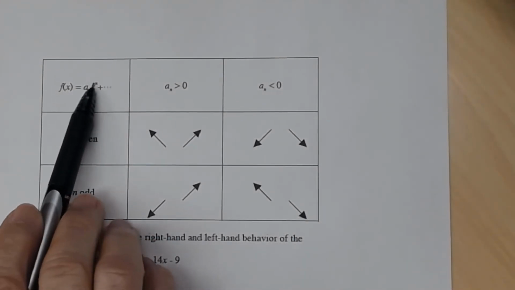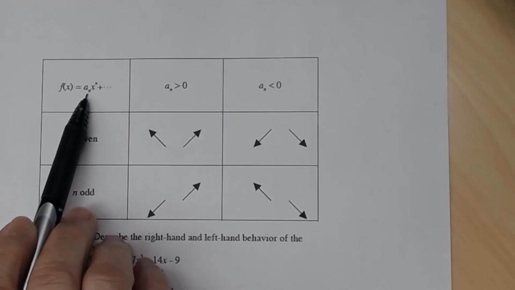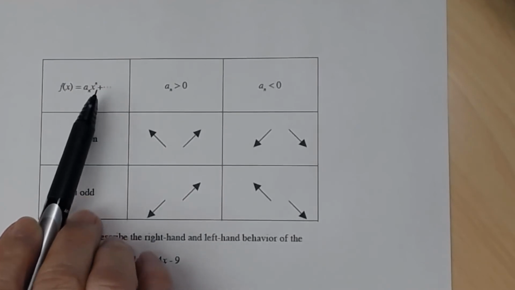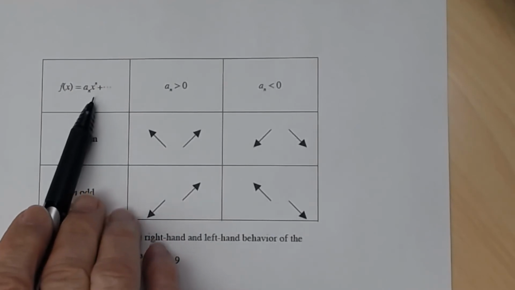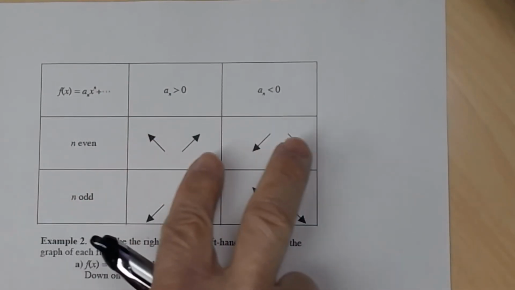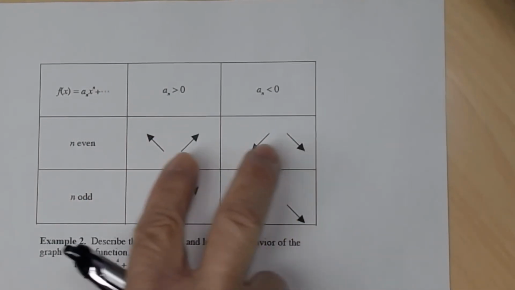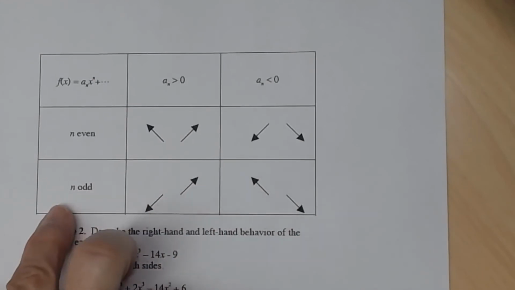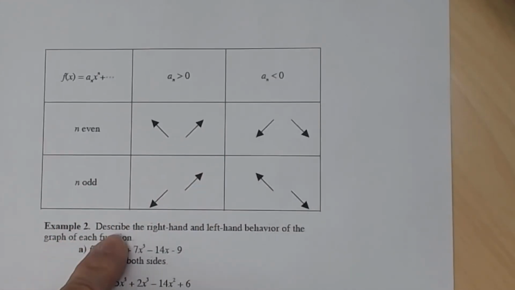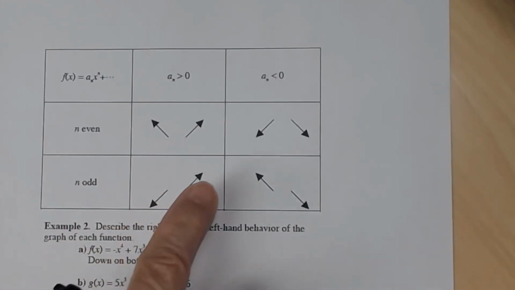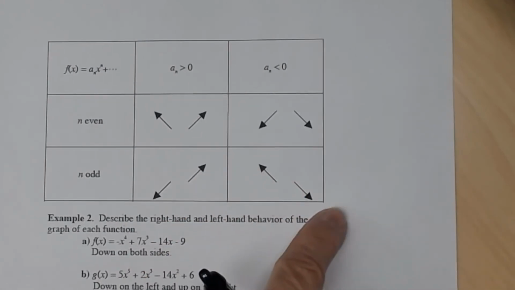Remember our leading term right here, a sub n, x to the n power. So if n is even, remember it rises or it falls. That's easy. If n is odd, on one side it rises, on the other side it falls.